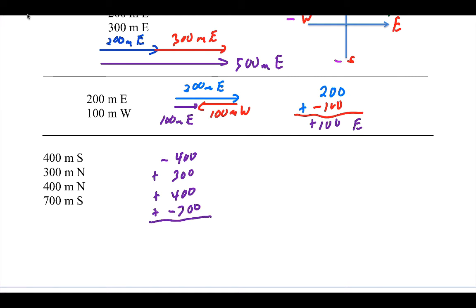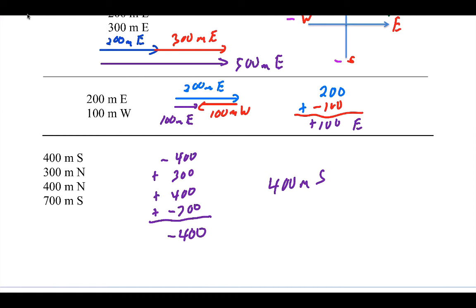So again, I am adding the vectors together. And that gives me negative 400 as an answer. So really the answer is 400 meters south. See, I don't really need the negative here because the south is what's indicating negative. Okay, that's a way to write that.